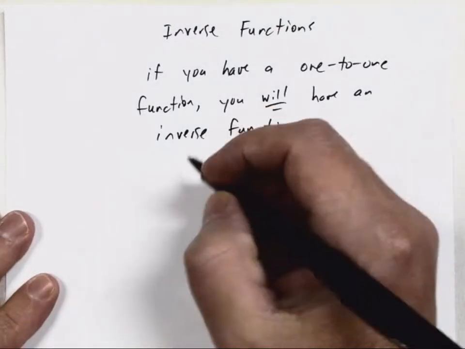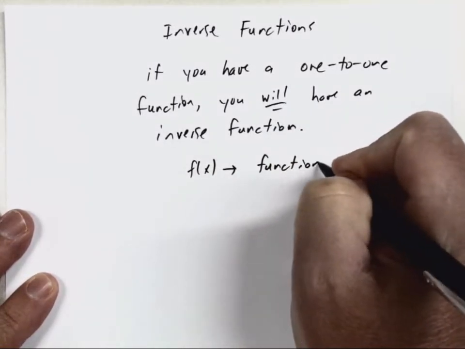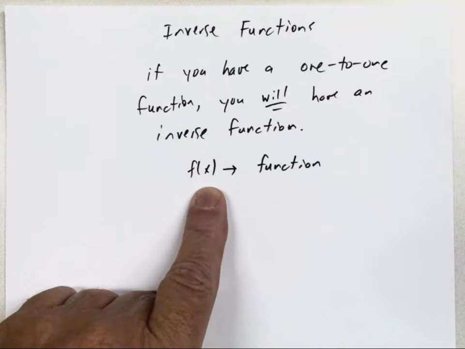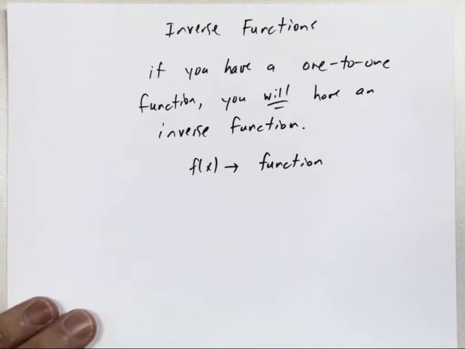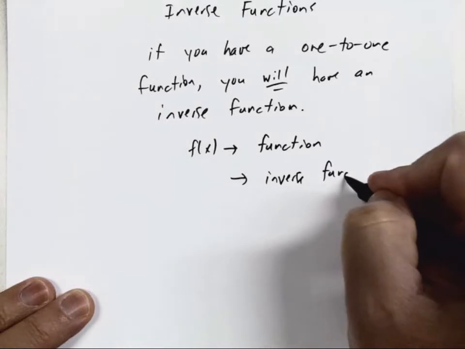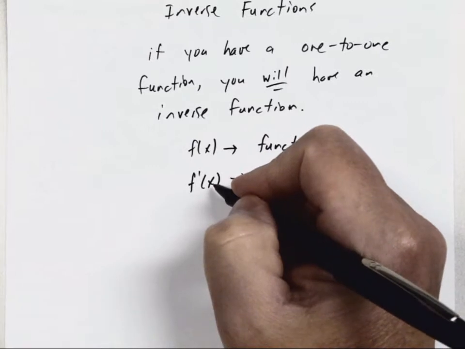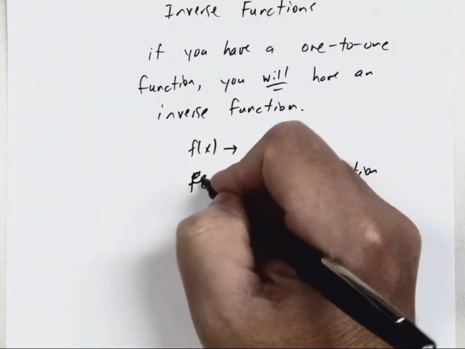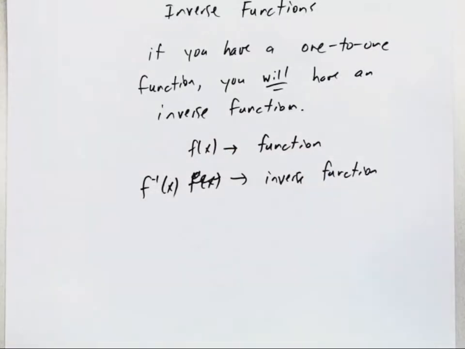So a few definitions. Obviously, this is the typical indication of a function, f of x. You know how they designate if something is an inverse function? F to the negative 1 of x. Now please, do not think of this as an exponent. It's not like f to the minus 1.